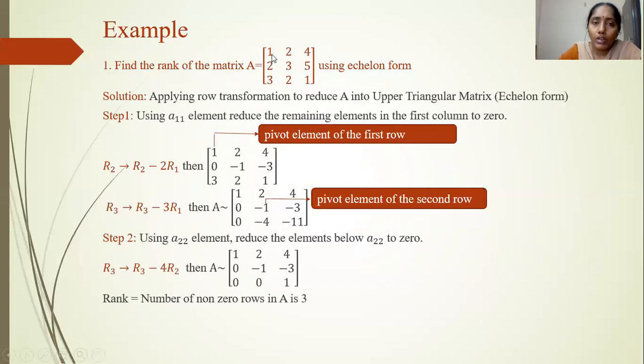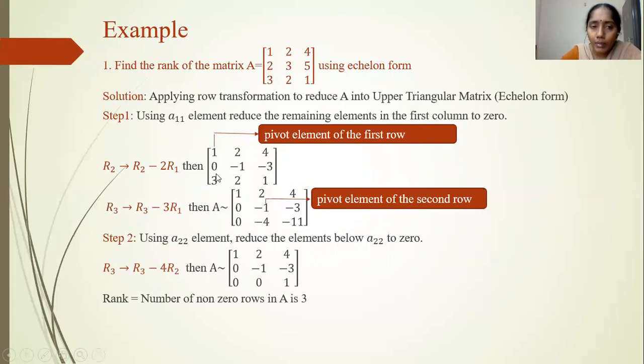Here A11 is already non-zero, so there is no need to interchange rows. Now, using A11, make the elements in that column 0 by using elementary transformations. Here we apply R2 goes to R2 minus 2R1. Then we get the second row as 0, minus 1, minus 3.